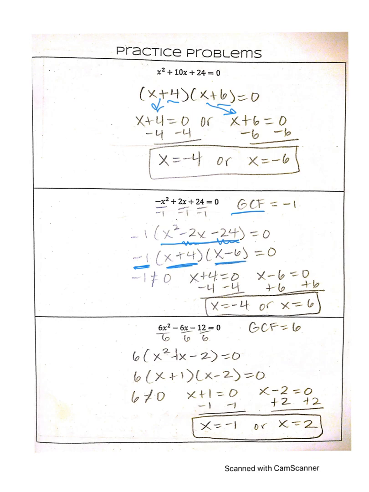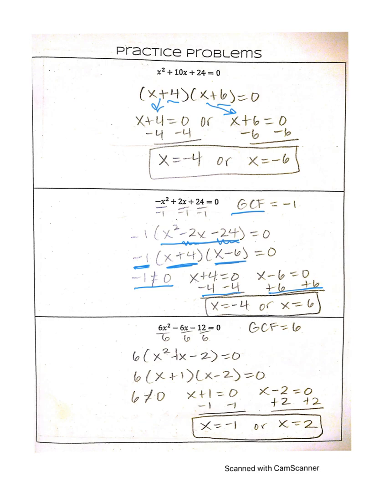However, allowing the greatest common factor of -1 to equal 0 didn't make sense. -1 is not equal to 0, so that means it does not affect our solutions. In the other two factors, I solved for x by using inverse operations and got the two solutions -4 and +6.